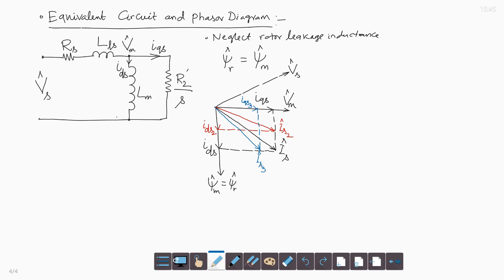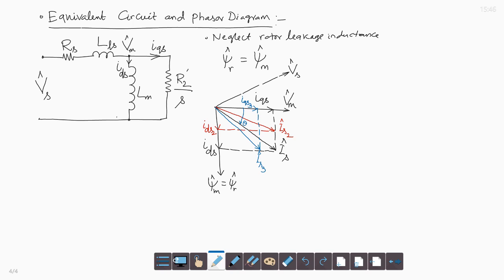So, what you see, we control the magnitude of the stator current as well as the phasor diagram. As you see, initially for one value of torque and flux, we get IS, which has an angle theta with voltage Vm, and when we change the flux component of the current reduced, the current changed to IDS 2.